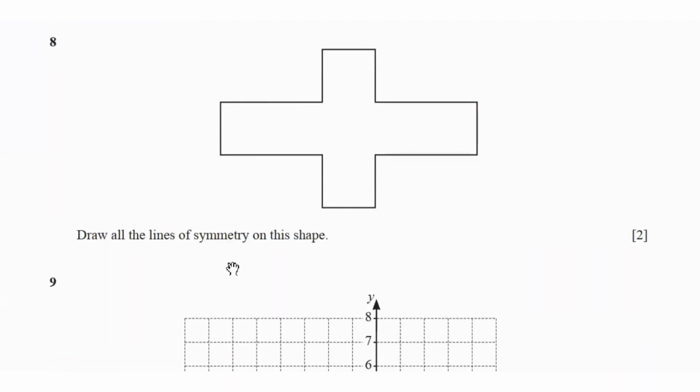Question 8 says draw all the lines of symmetry on this shape. So let's start with that. We can see that if we draw a vertical line, it equally divides the shape. If we draw a horizontal line, the horizontal line also equally divides the shape.